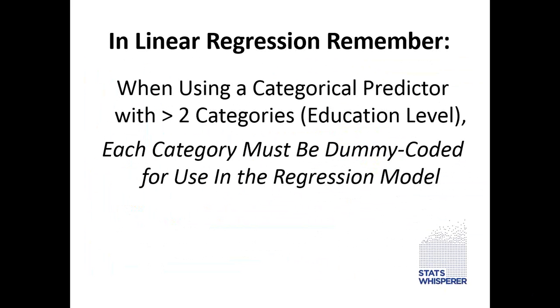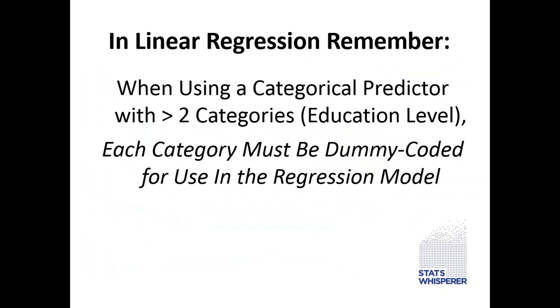In other words, all the predictors in the regression model have to be either dichotomous or continuous. So if we have a categorical predictor that has more than 2 categories, meaning it's not dichotomous, we need to break each category within the variable down to be a separate dichotomous variable.